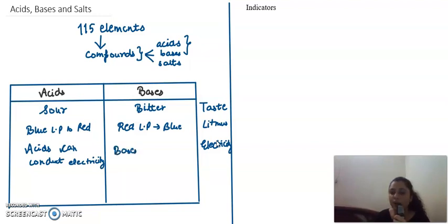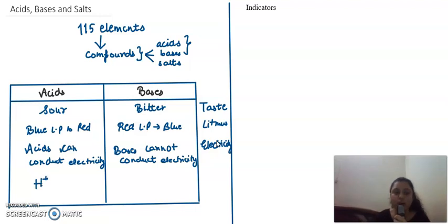In acids, what happens is they can form H plus ions. When they form H plus ions, they can conduct electricity. Whereas bases make OH minus ions, and if they are making OH minus ions, that means they cannot conduct electricity. Only H plus ions can help transfer electrons.